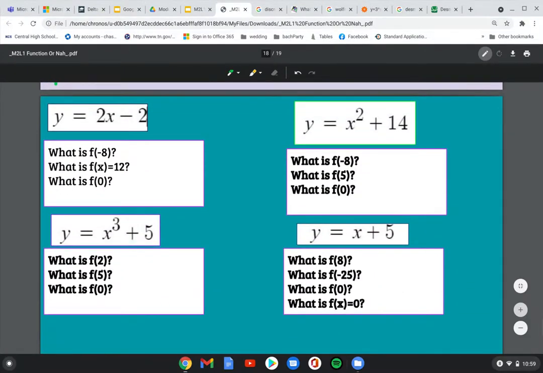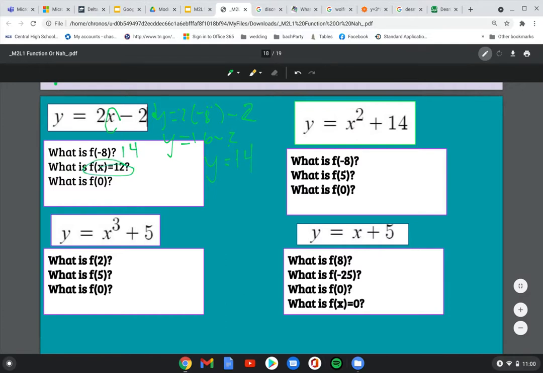Now we're going back to before. This is when you have the equation and you need to plug in the x. What is f of negative 8? That means we're going to plug in negative 8 here. So y equals 2 times negative 8 minus 2. That's y equals negative 16 minus 2, so y equals negative 18.